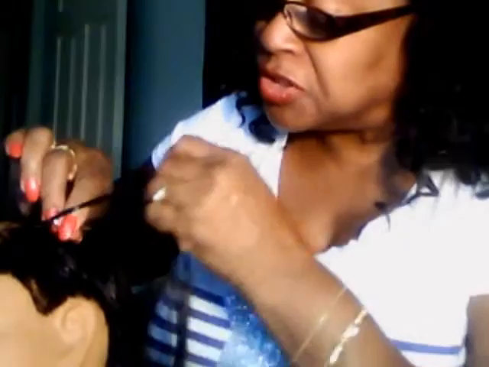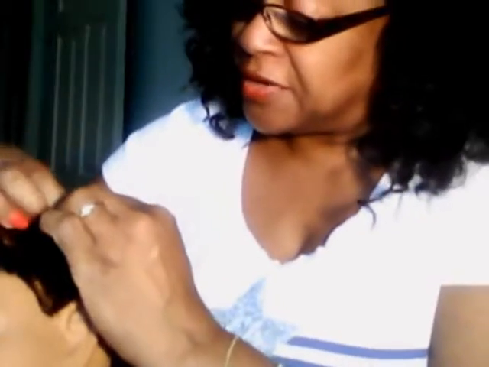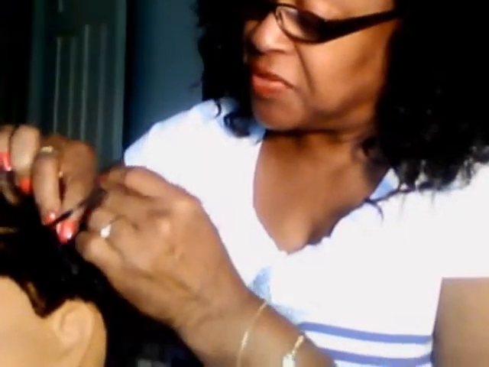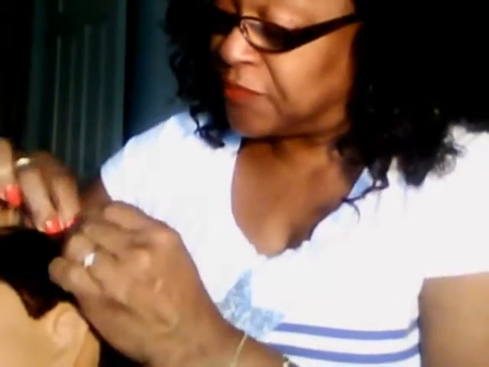I'm not going to go all the way around. I'm just going to do just a little braiding to show you that it's important to braid the hair. Some of you can braid your own hair, and sometimes you may have to get someone to do it. And if you are a cosmetologist, more than likely you can braid.